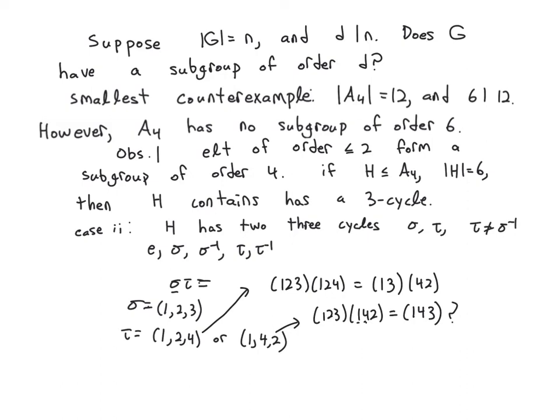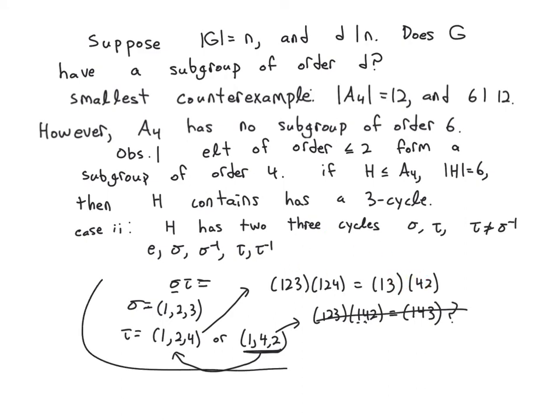Well, that didn't happen the way I wanted. Oh, I don't have to worry about it. If you're in this case, the inverse of this permutation is right there. So no matter what, I see that even if I have at least 2 3-cycles, I do get an element of order 2 in my group.